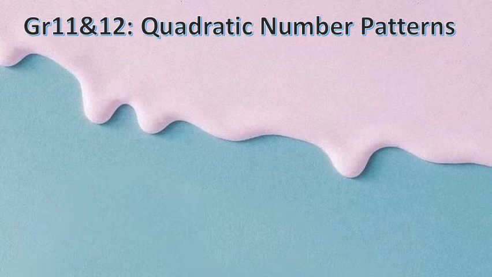So a quadratic number pattern is exactly the same as working with a parabola, where the terms in the number pattern, the values given, are the y values and the term numbers are the x values.